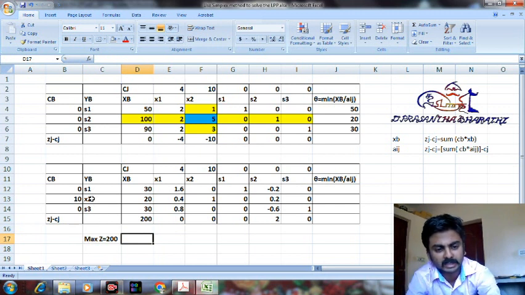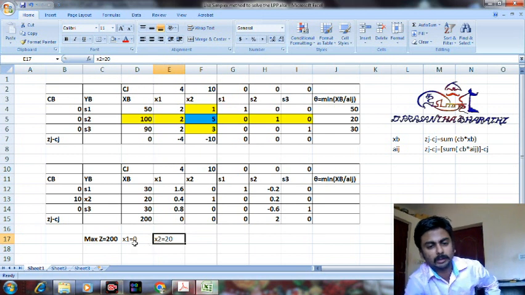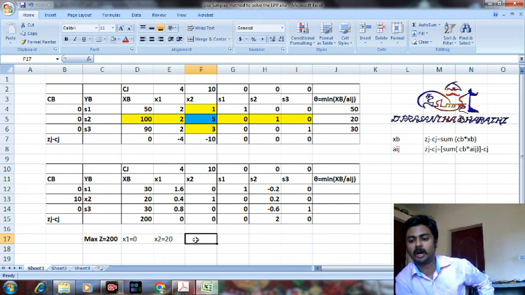There is no x1 here, so x1 equal to 0, and for x2 we have the value 20, so x2 equal to 20. So these are our solution: maximum Z equal to 200, x1 equal to 0, and x2 equal to 20. And now our solution is optimal.